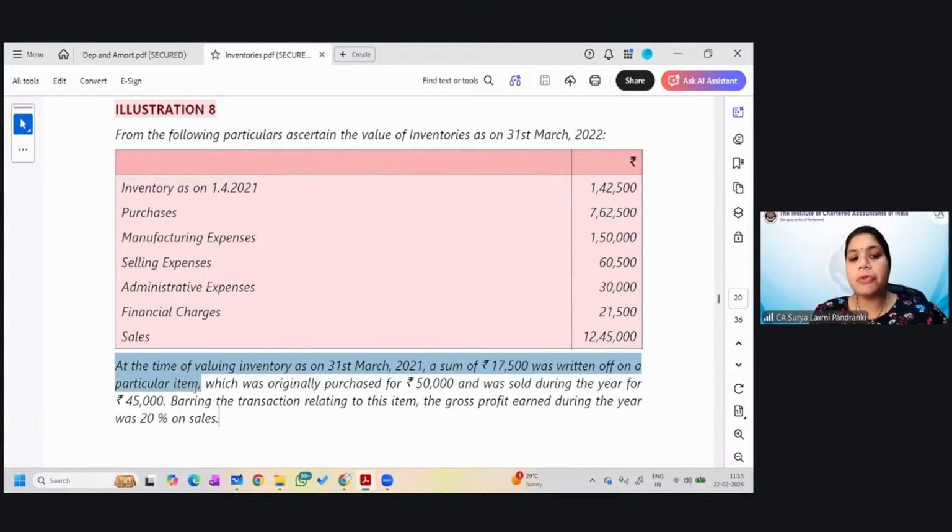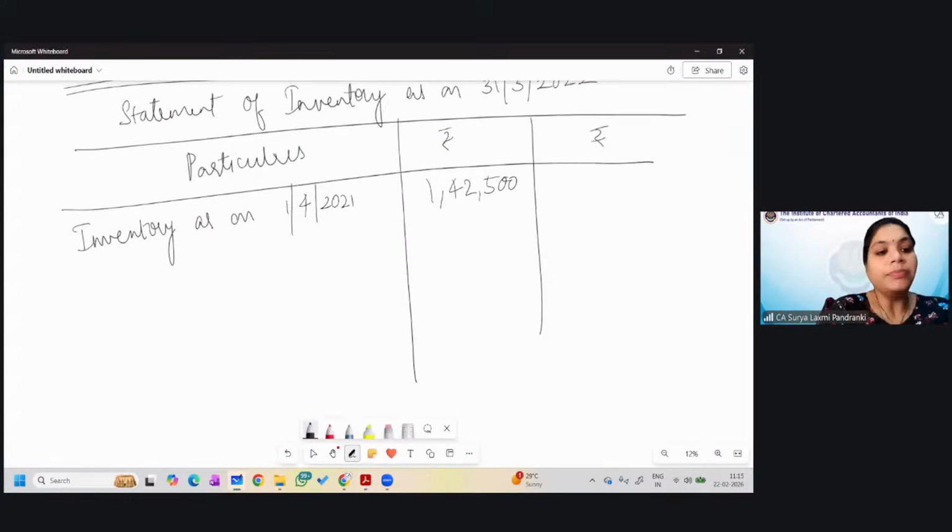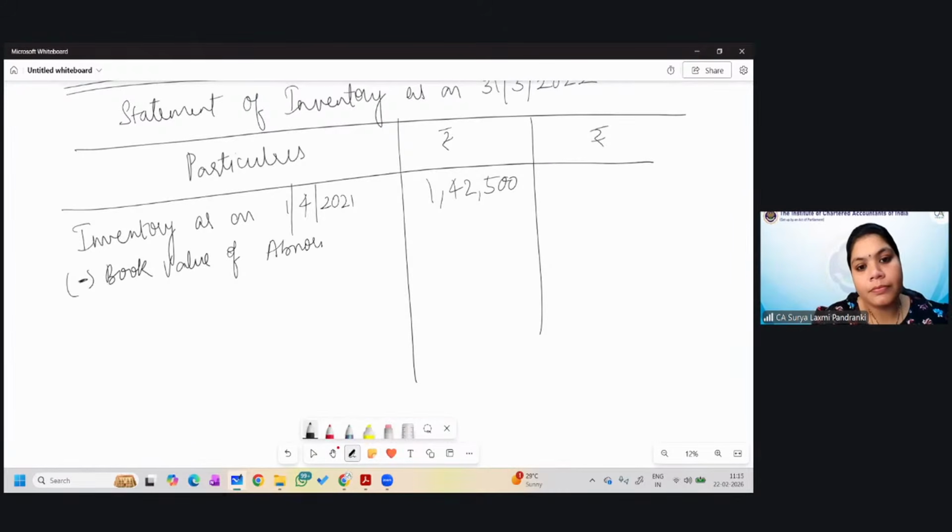We have an adjustment to do for the opening inventory, so we'll do that, then move to the purchases and all other things. So we are going to remove the book value of abnormal inventory.